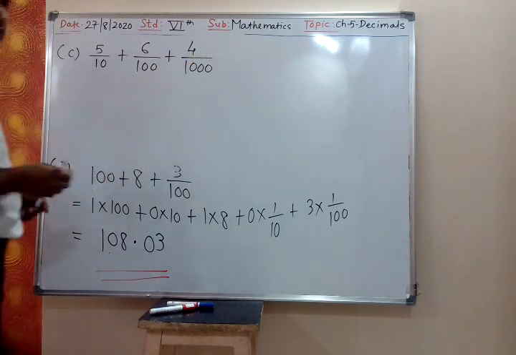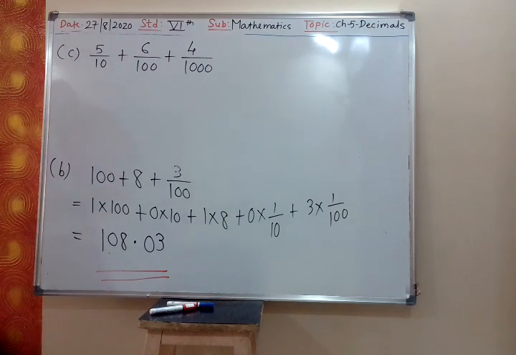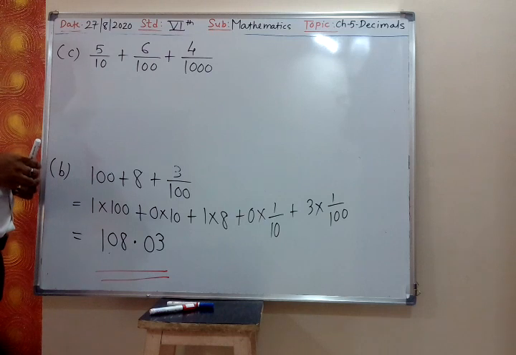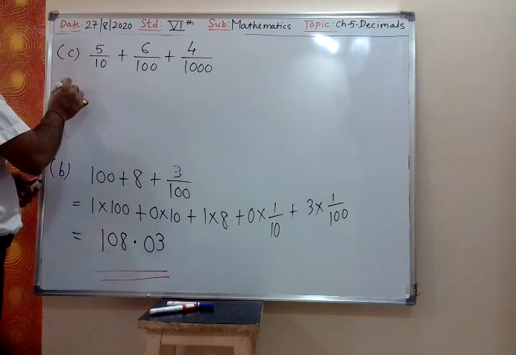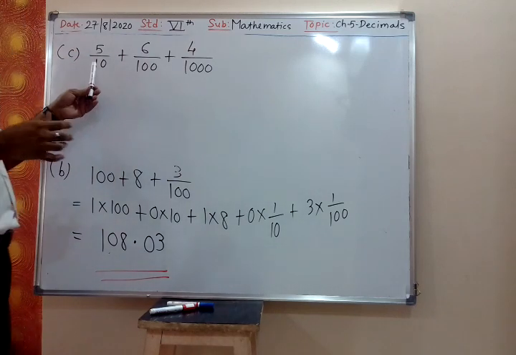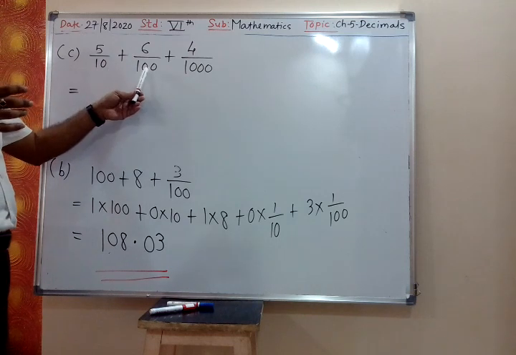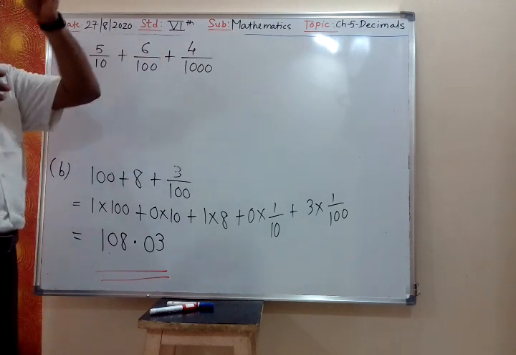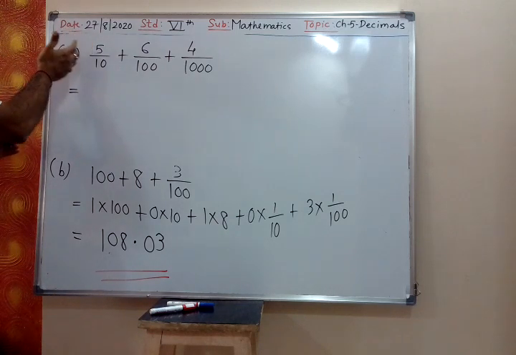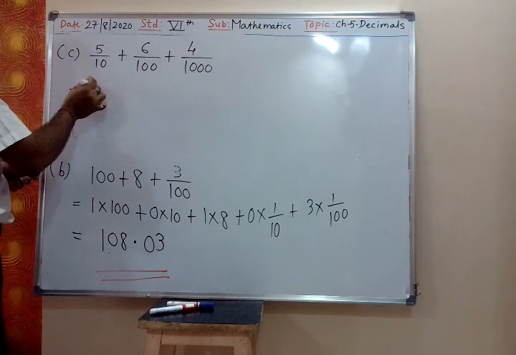Nobody will write anything. First pay attention. It is given 5 upon 10 plus 6 upon 100 plus 4 upon 1000. Now see here. We are given the tenths position, the hundredths position, and the thousandths position. Before the decimal there is no digit, no whole number, so I will write 0.